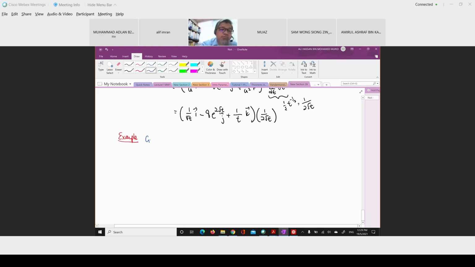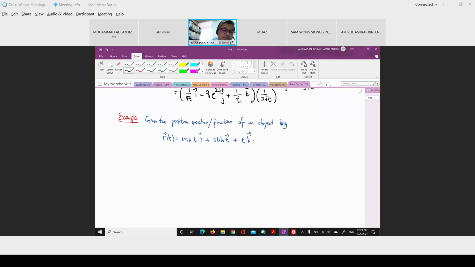Given the position vector, sometimes also called the position function of an object, say r t equal to cosh of t i, this is a hyperbolic function, plus sinh of t j, also a hyperbolic function, plus t k. So what is the velocity vector v?